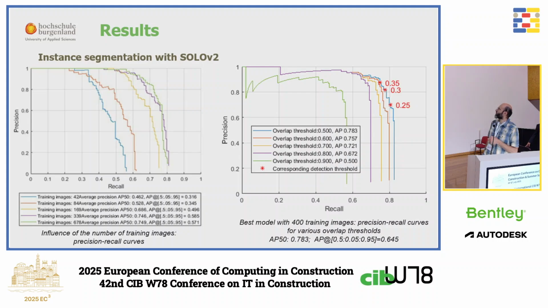The best model we have here has also very high recall and precision for the rather high overlap threshold, up to 0.8, which is a sign that the detected radiator mask fits well with the ground truth. And here the detection threshold, 0.35, ensures the highest precision.